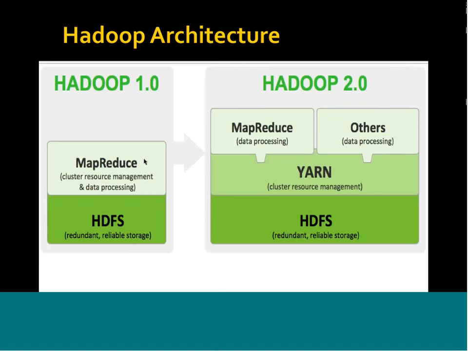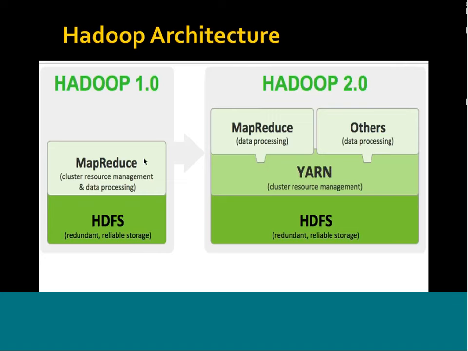One is mapper phase and second one is reducer phase. When we do development, we will see what we do in mapper phase, what is input for mapper phase, what is output for mapper phase, and how the output of mapper phase is made input of reducer phase, and what is the reducer's responsibility to give you the final output. We'll talk in detail once we move further.